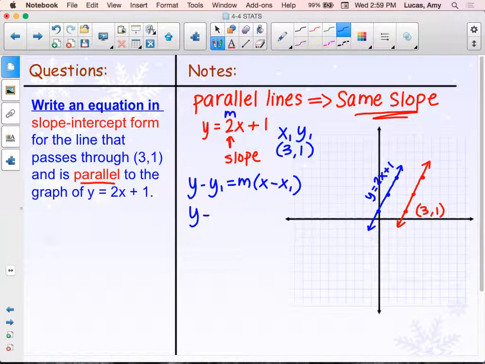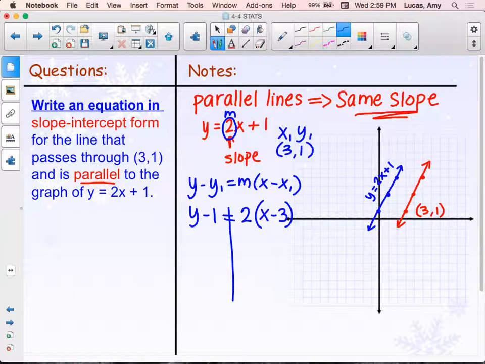So y minus 1 equals the slope times x minus x1. This is what my equation would look like. So again, I substituted 3 and 1 from the ordered pair. I substituted those into x1 and y1, and then I substituted the same slope 2 for m because parallel lines have the same slope.